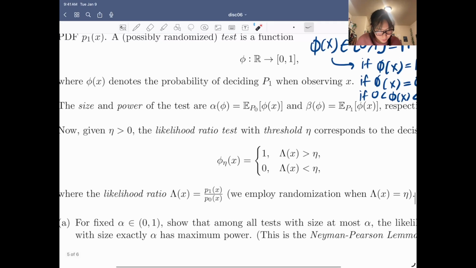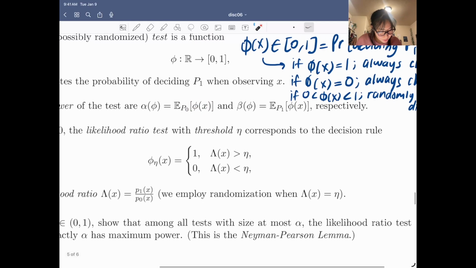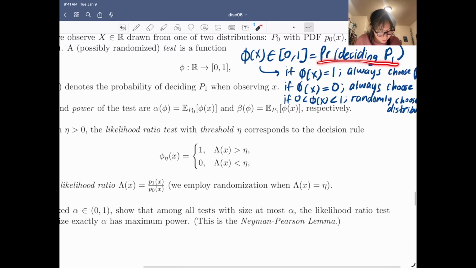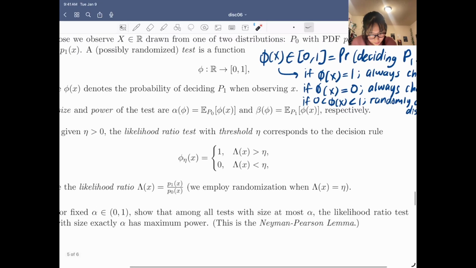We have this function phi of x, which tells us the probability of deciding P1 is the probability distribution. And here it's the expectation of choosing P1. You can almost think of it as the expectation of choosing, let's say P1 is the distribution that represents, oh, this person does have an illness, it's positive, versus P0, oh, this person doesn't have an illness, it's negative.